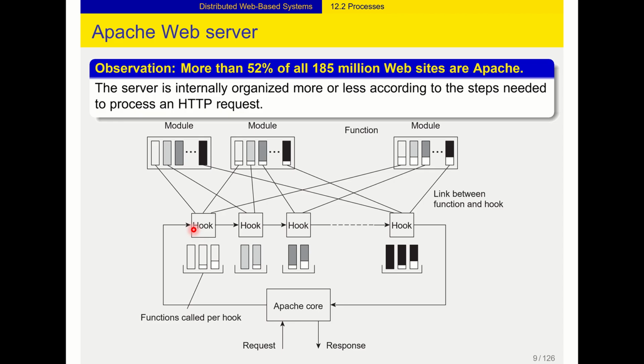Because of this, Apache can support many features independently. Developers will typically add new functionality by writing modules and linking their functions to the appropriate hook. This makes Apache a very extensible web server, without needing to modify the Apache core.